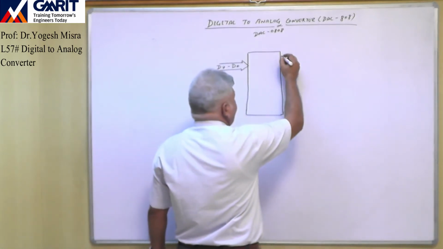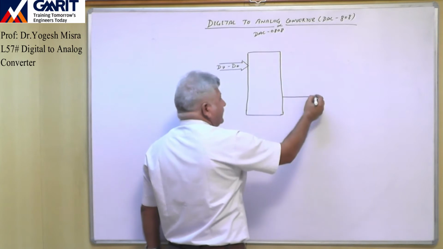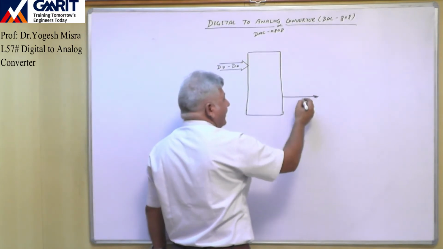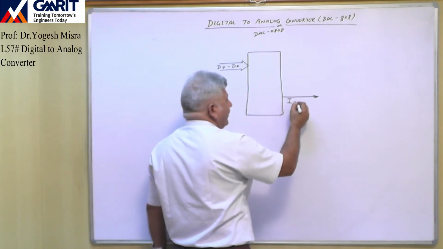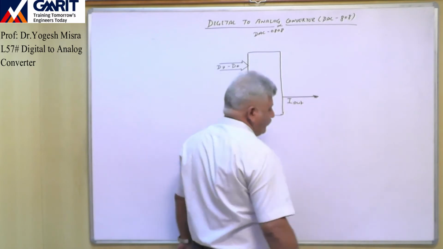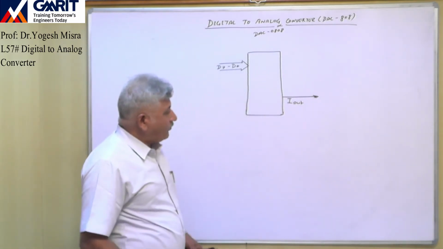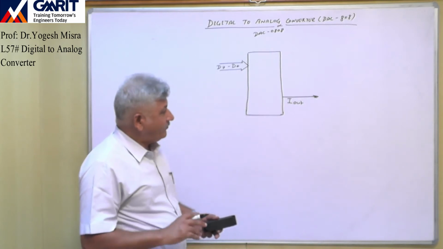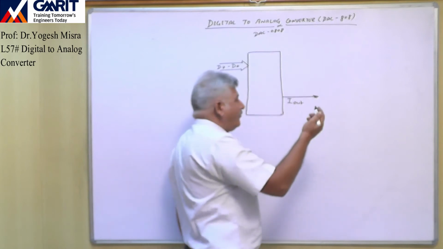Now here the output is generated in the form of current in this DAC. So here we will get I out. This is the output current. If we require a voltage to run some motor, then we simply convert this current into voltage.